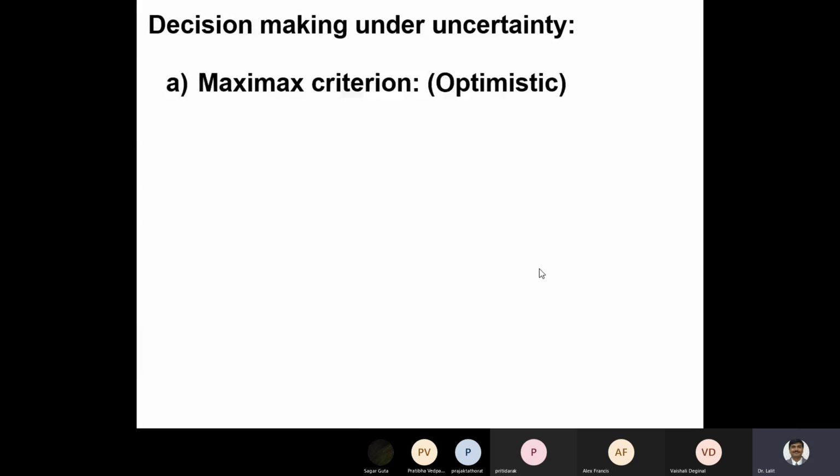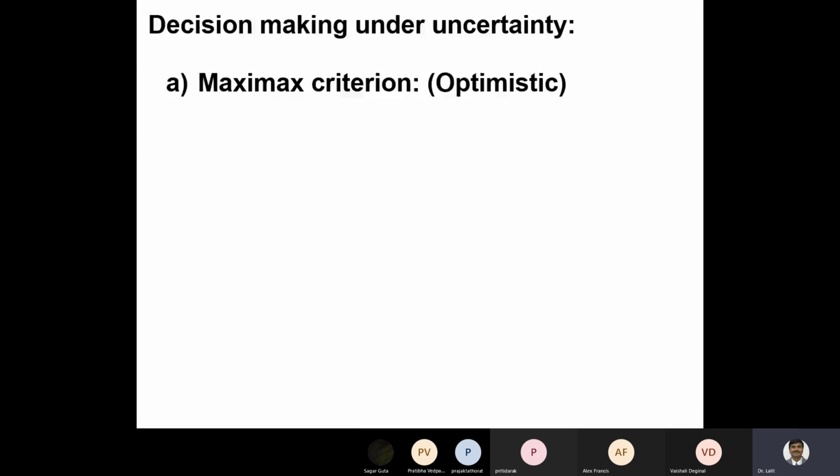The term maximax is derived from maximum of maximums. This is also called the optimistic approach. The maximax criterion is an optimistic approach. It is generally adopted by an adventurous and aggressive decision maker, and it results in maximum possible payoffs.